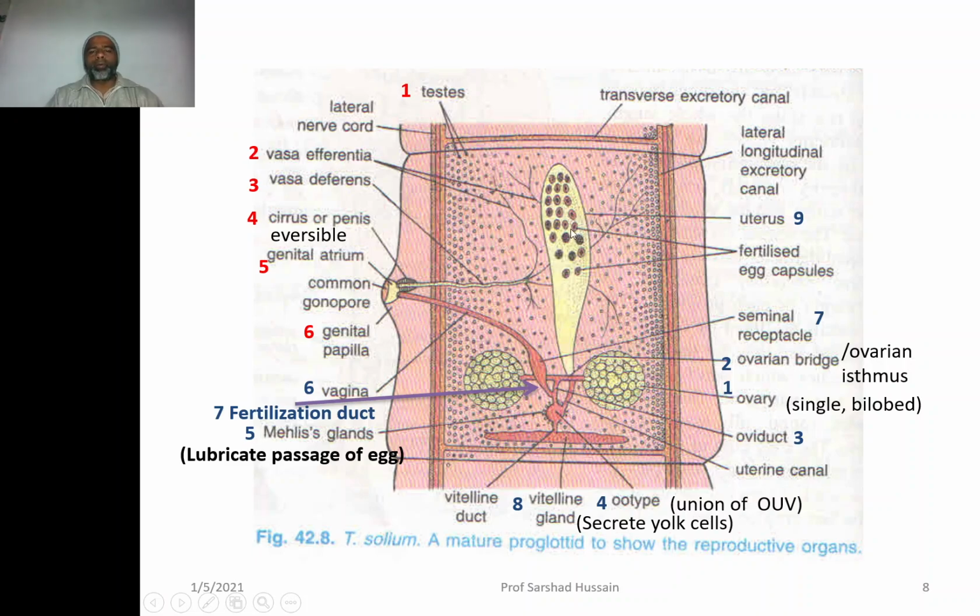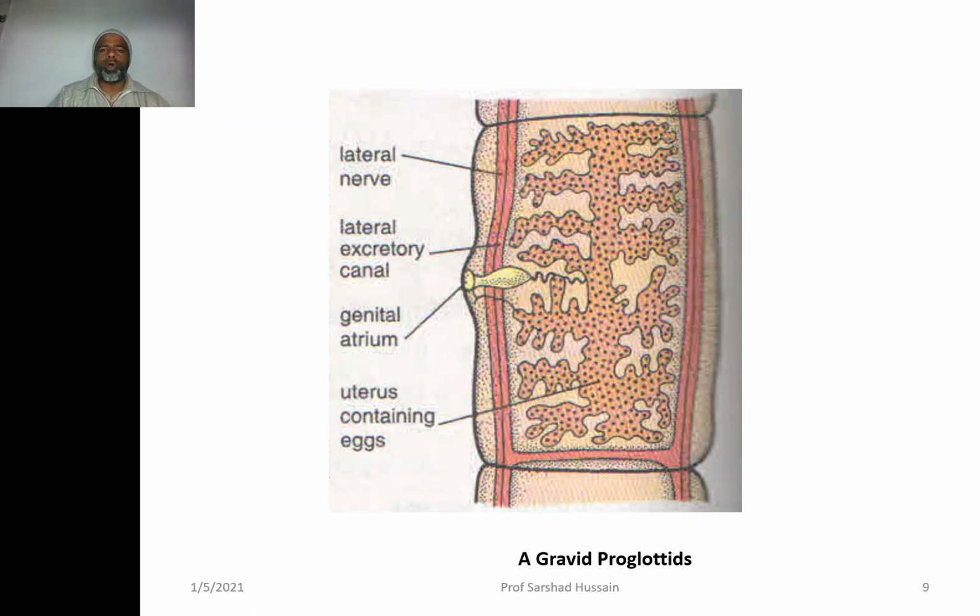After fertilization has taken place, the rest of the reproductive system, male and female, vanishes from the segments, and only the well-developed uterus with a large number of fertilized eggs remains in the gravid proglottids.